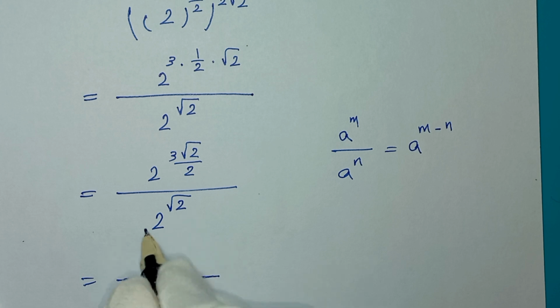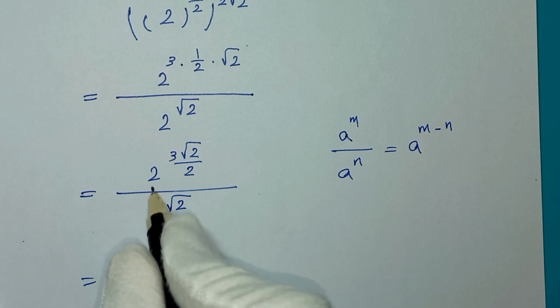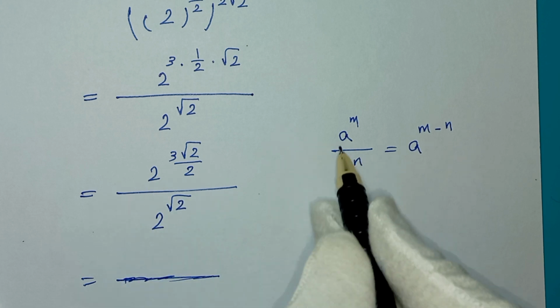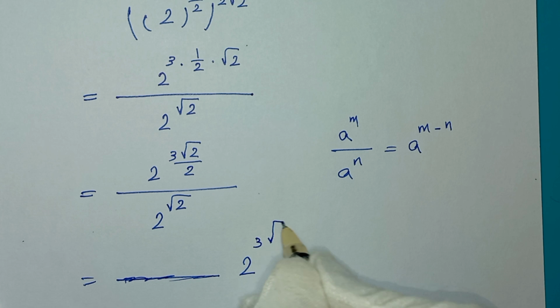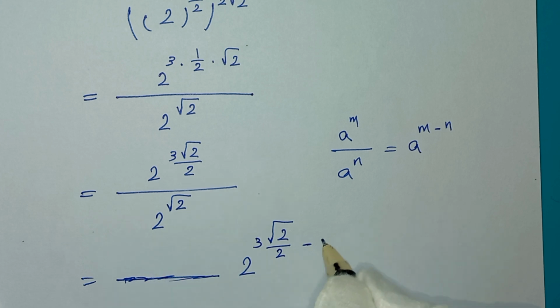in here we can write the base are same as we have here and here, 2 to the power of 3 square root of 2 over 2 minus this square root of 2.